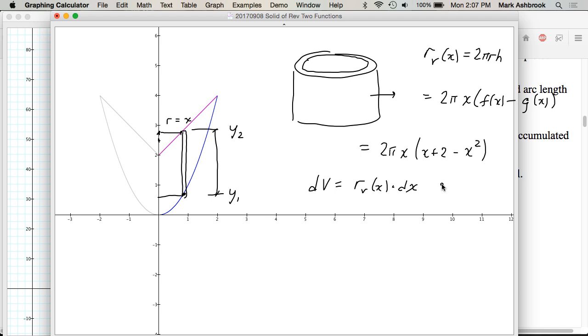Given any change in x, the change in volume is going to be the rate of change times that change in x. And so then if we want to accumulate all the bits of volume, we're going to start from 0 to any value x, and we're going to take that rate, 2 pi x. Let's write that out. Here it is.